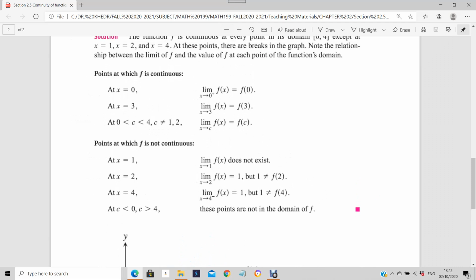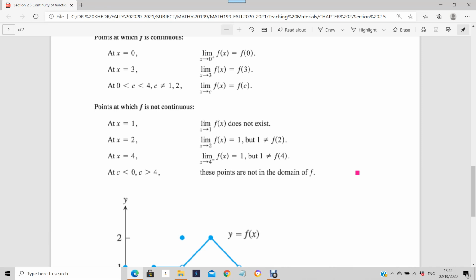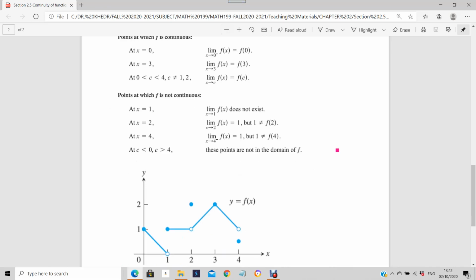Now, the points where the function is continuous, from the graph here, you can see at x equals 0, the function is continuous from the right because it's an endpoint, the left endpoint. At x equals 3, the function is continuous.